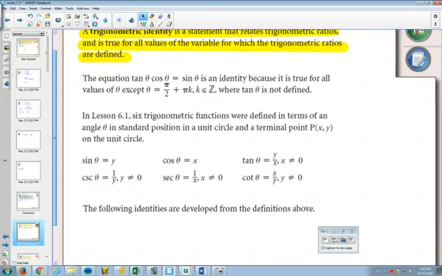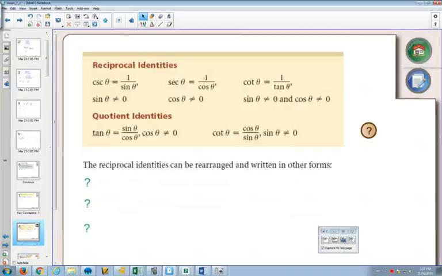So at the bottom of your page, go to reciprocal identities. You already know that cosecant is 1 over sine, secant is 1 over cos, and cotangent is 1 over tan.